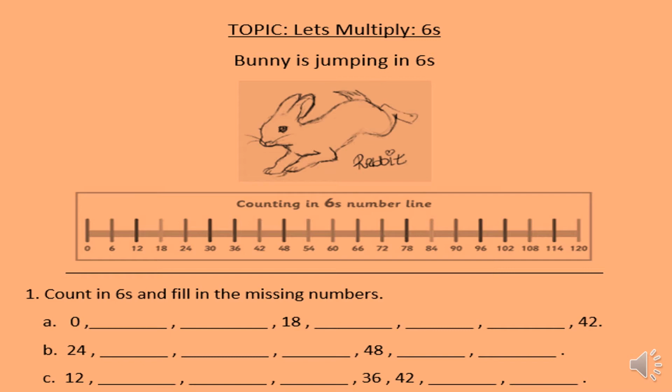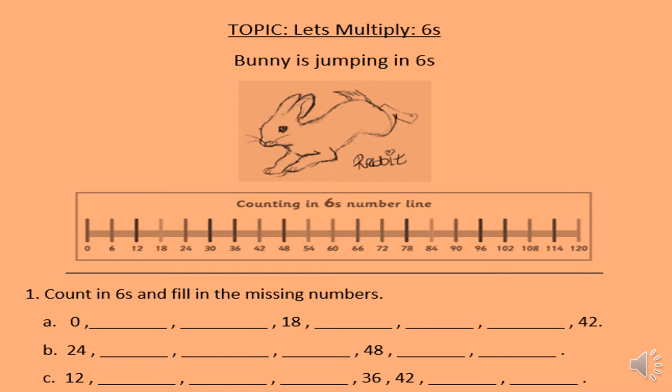B part is starting with 24, so the next number would be 30. 24 plus 6 equals 30, then 30 plus 6 would be 36.